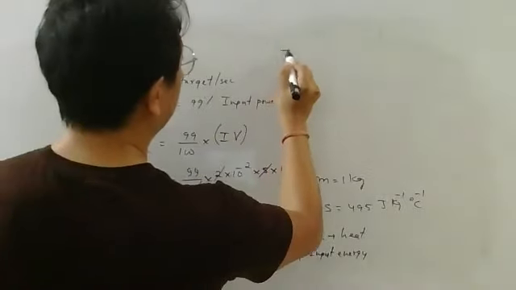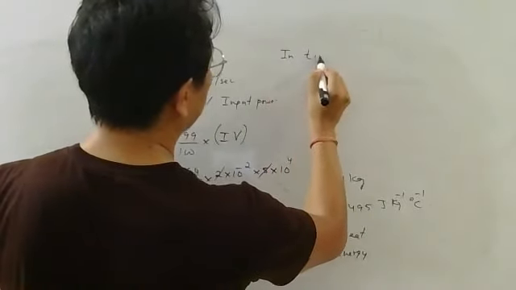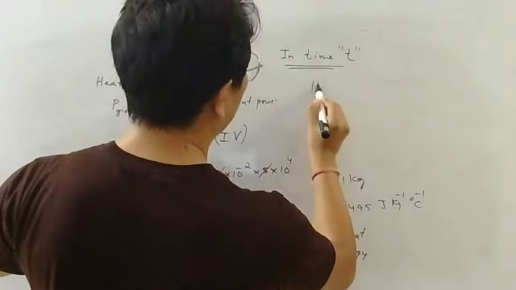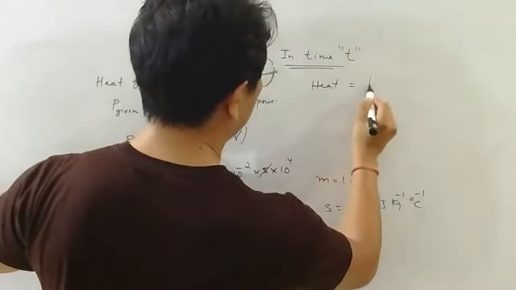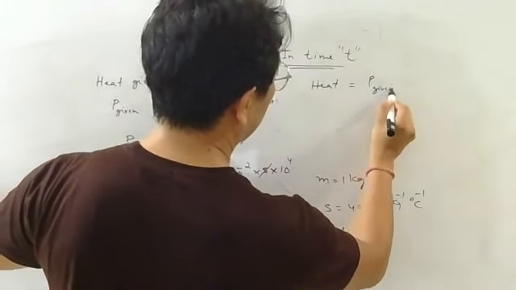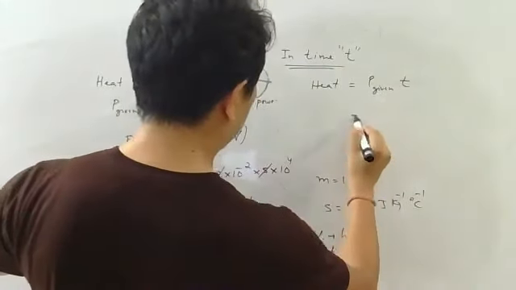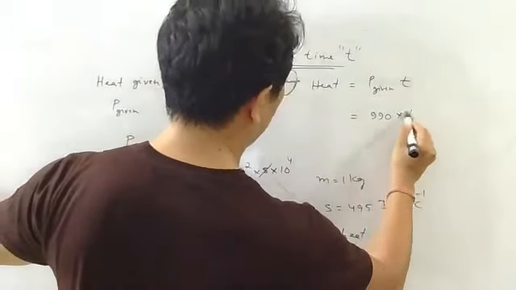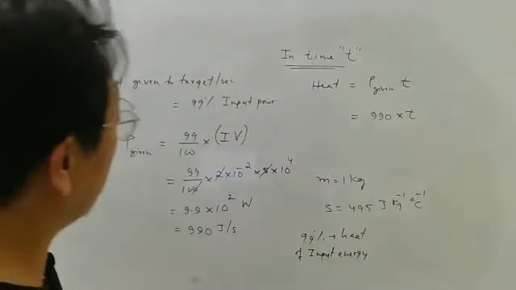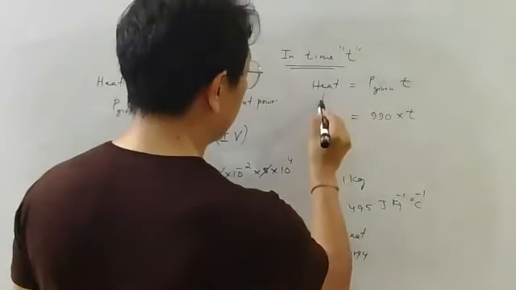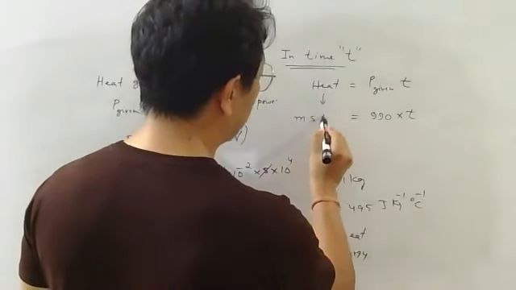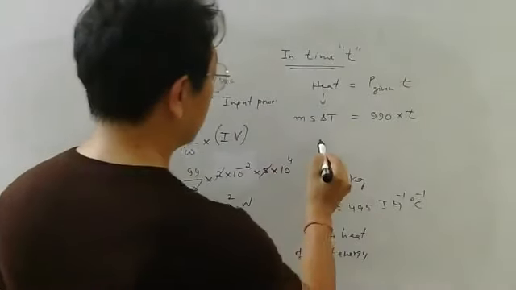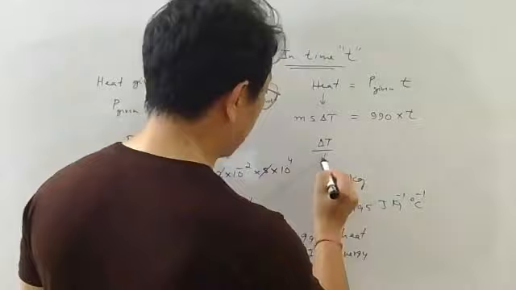So in time t, heat given will be power given into time. Power given is 990, so 990 into time. This is the heat given, and that heat given should be what? Mass into specific heat into change in temperature. So change in temperature per second.